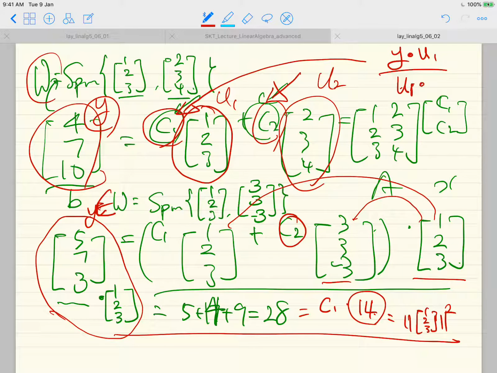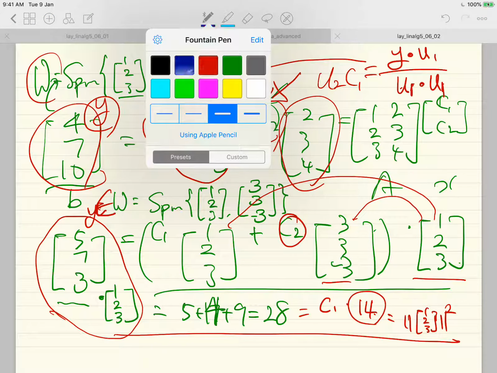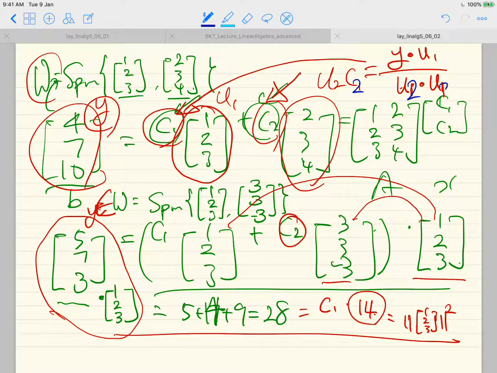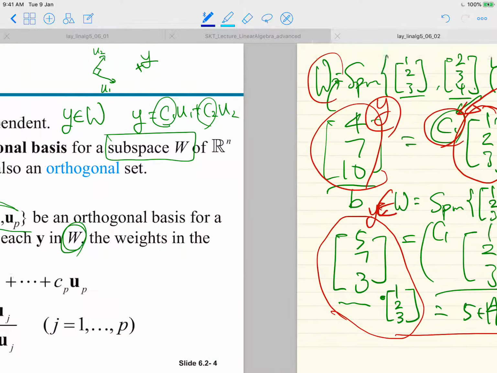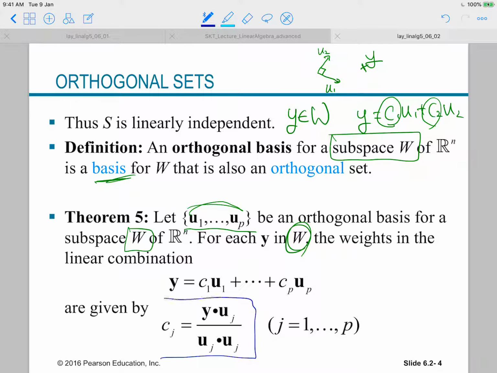U1 dot U1, right? So this is C1. And C2, what about C2? This, right? So that's how we obtain the linear combination coefficient over here. Any questions so far?